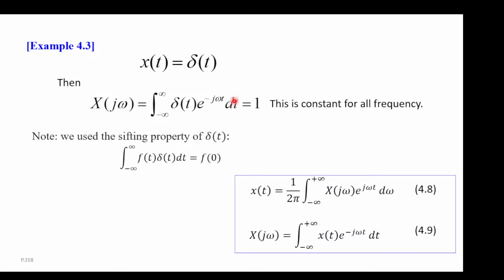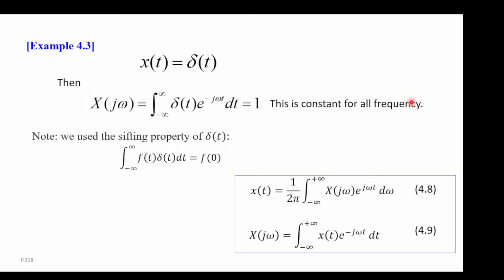The first interpretation is that we have delta of t, and when you take the Fourier transform, it becomes the constant 1 function, which means it is constant for all frequencies. Really nice.